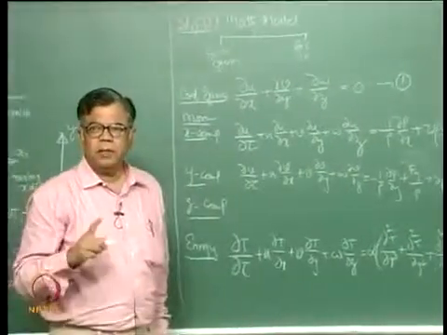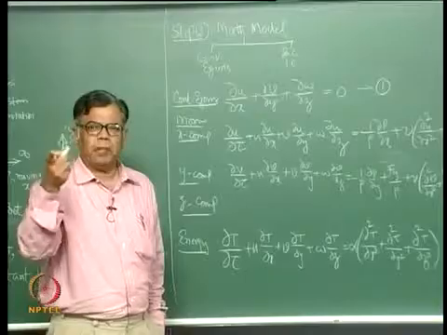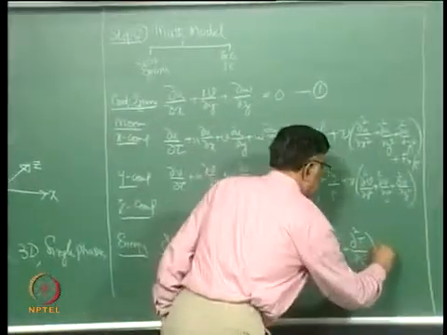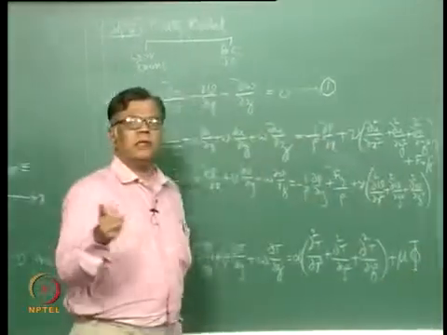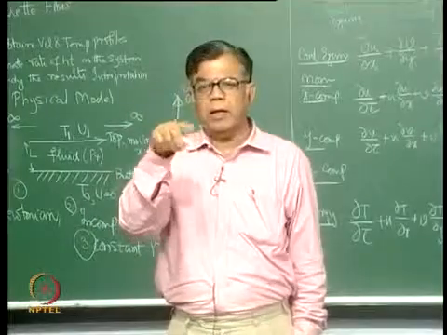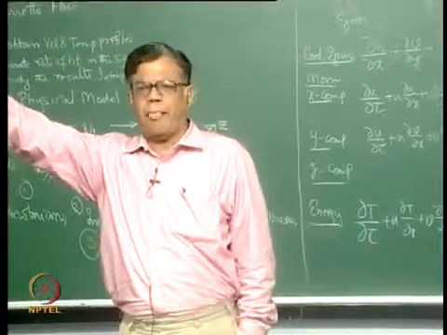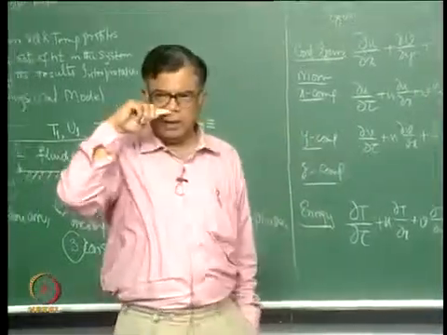Anything else? Write the complete energy equation for incompressible. Then we will make assumptions. Sometimes we write phi, sometimes mu phi. If you don't write mu phi and write phi, the definition of phi would have included mu. Here that mu you can take out, take it away from that.